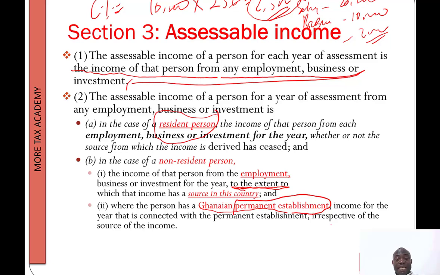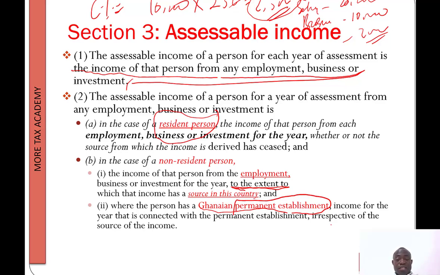So what I want you to appreciate here is that subsection 2 is very important. Know that in trying to impose the tax, you need to distinguish between resident person and non-resident person. For resident persons, their income is subject to tax. Wherever it's coming from, they are subjected to tax. And it doesn't even matter whether the source has ceased or not. As long as we see it as an income, we must tax it. For non-resident persons, you have to be careful, because if the source of the income is not from Ghana, you can't.